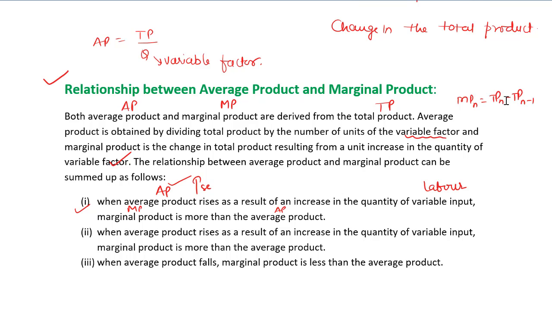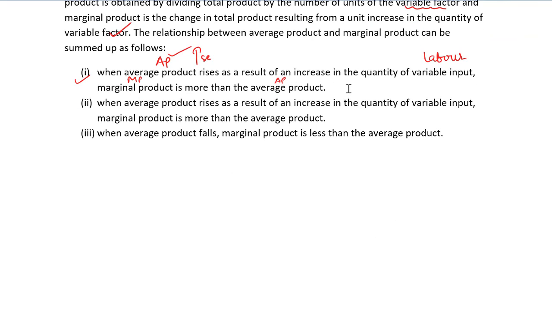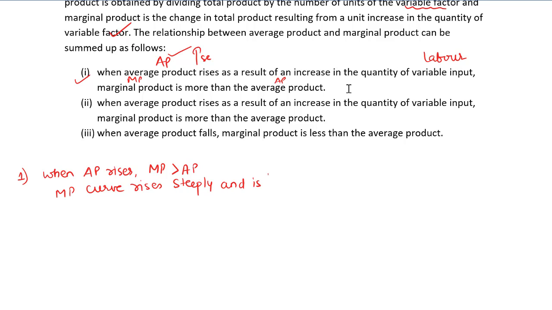So the points to remember over here: when AP rises, in the first stage, MP, marginal product, is greater than AP, and the MP curve rises steeply and is higher than the average product curve.